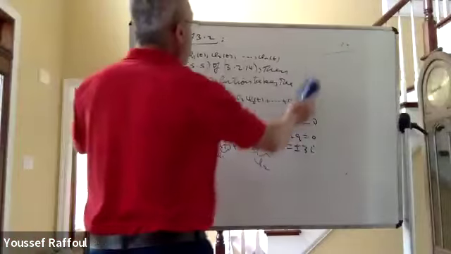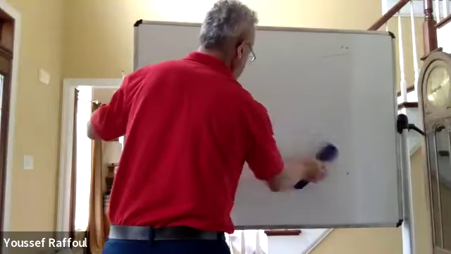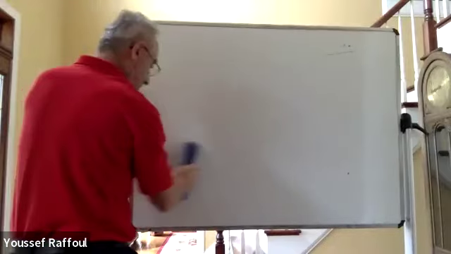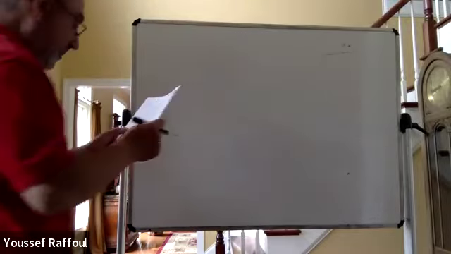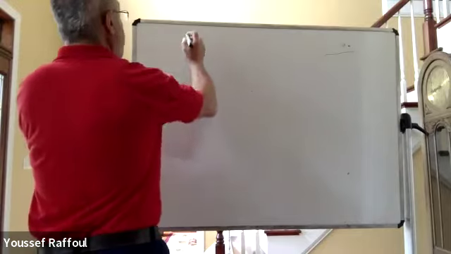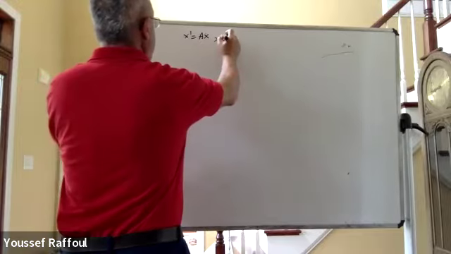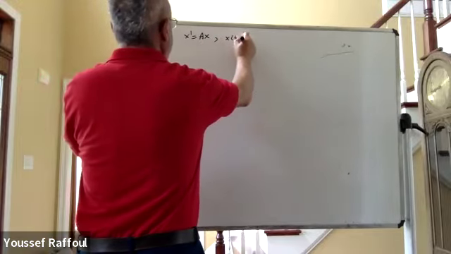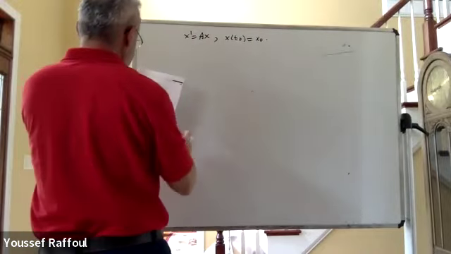All right, let me go back to, okay. So again, we're looking at x prime equal A x, with x of t naught equal x naught. Okay.